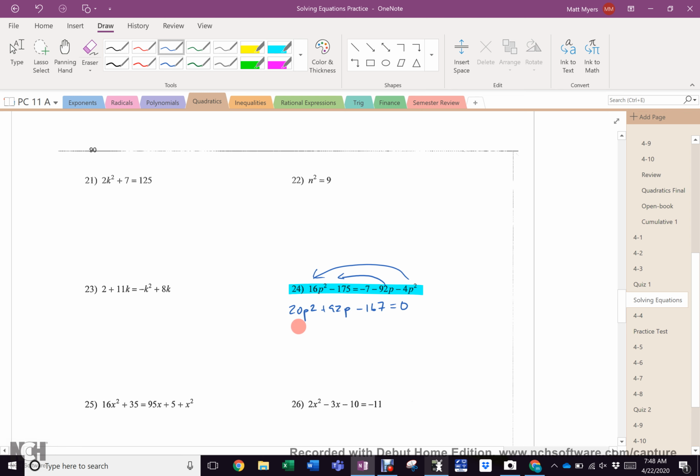So let's do it. It's going to be 92 plus or minus the root of 92 squared minus 4 times 20 times negative 167 over 40, because 2 times 20.